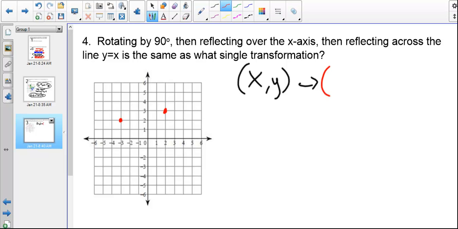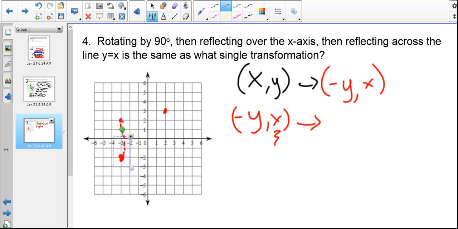So we know rotating 90 degrees, we just did this, is (negative y, x). Then reflect across the x-axis, which would take us down here. What that does is take our y coordinate, which in this case is the letter x, and make it negative. The x does not change. Okay, and then I want to reflect across y equals x, which is this line here.